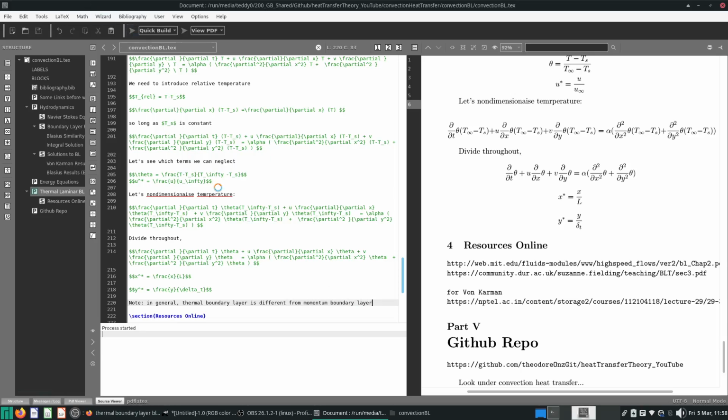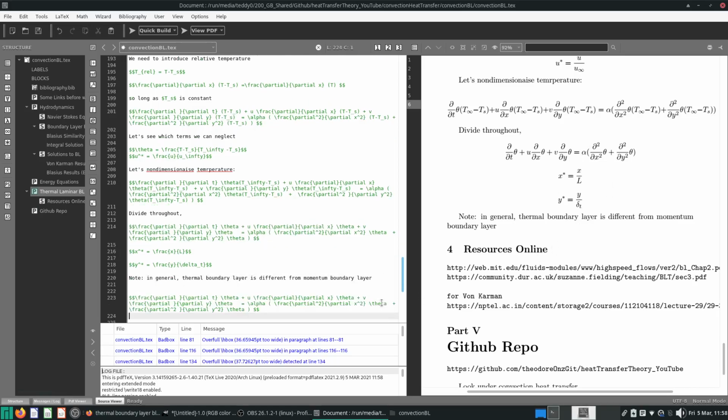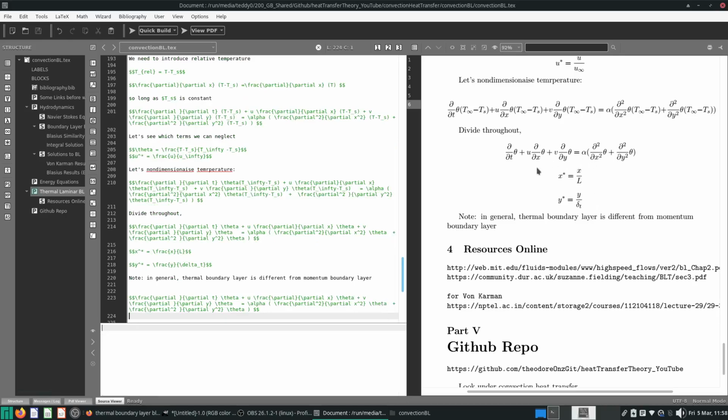Okay. We can also say this thermal boundary layer is much smaller than L, so that makes it easy for us. So let's substitute in, and the time we can actually do it later.